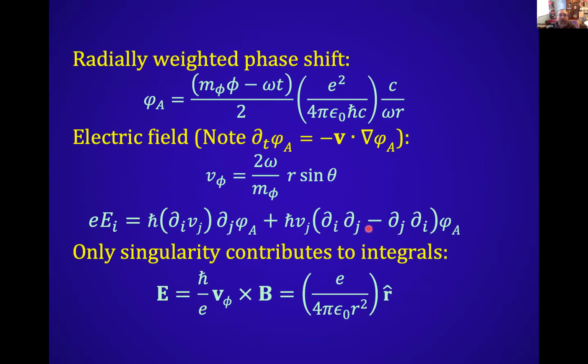And if you look at the electric field, assuming that the time derivative is just due to convection of the phase, if you work that out, it ends up being the same as the phase velocity across the magnetic field, and you get the 1/r² dependence.